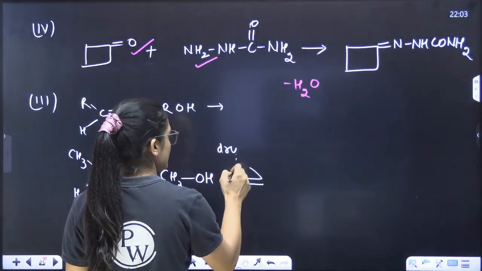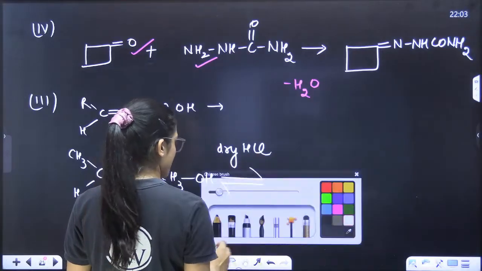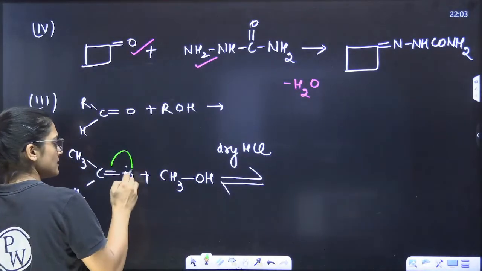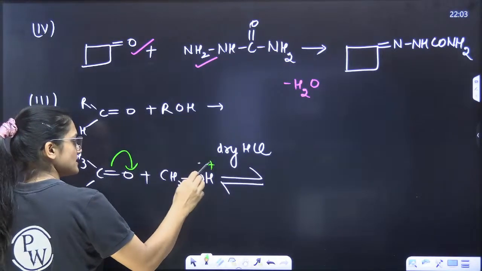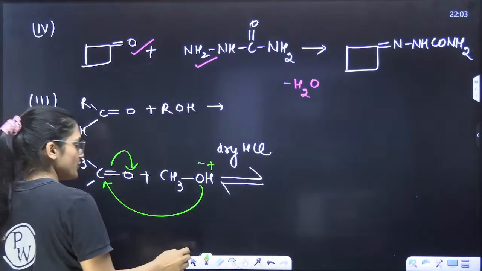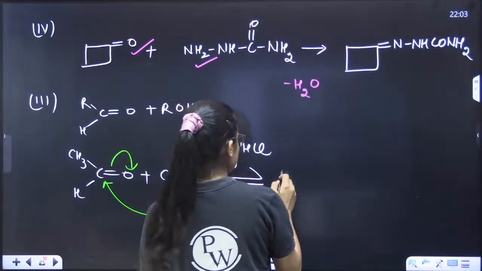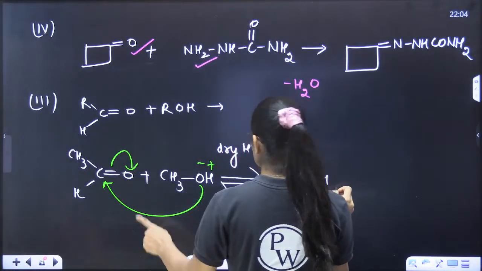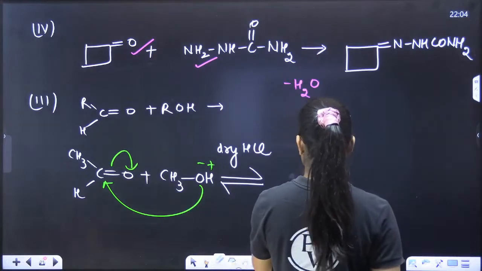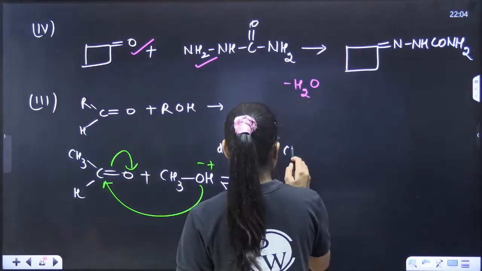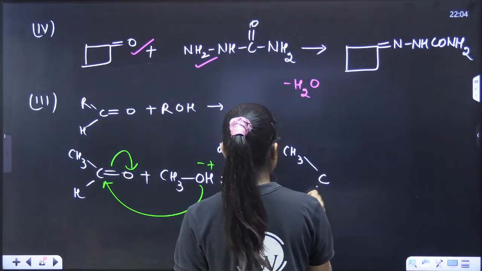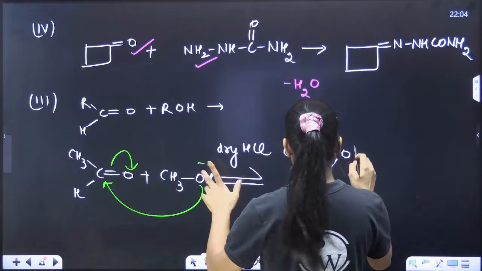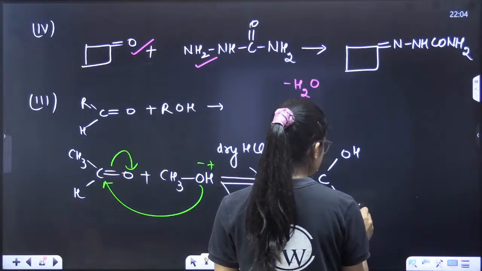This hydrogen is acidic, so this is positive, this negative. This will come and attack here. So what you'll get here is CH3, CH, I'll make it like this. Wait. CH3, CH here, OH here, and this is OCH3. This is hemiacetal.